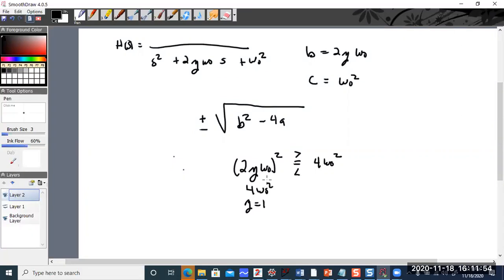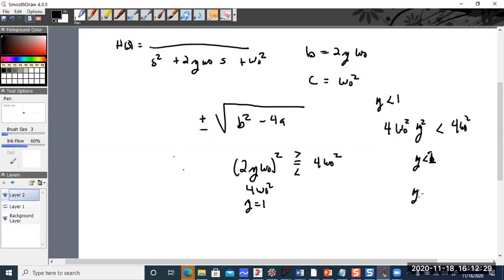Now, if zeta is less than 1, well, we still have 4 omega naught squared zeta squared, but zeta less than 1 makes this less than 4 omega naught squared, right?